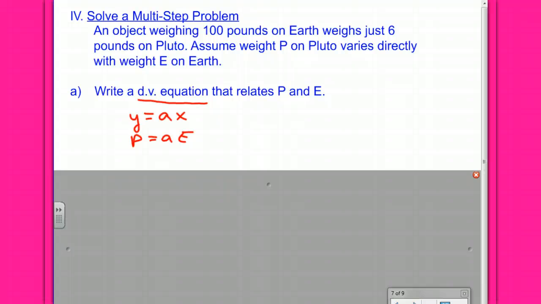Both of them would reflect this real-world problem.